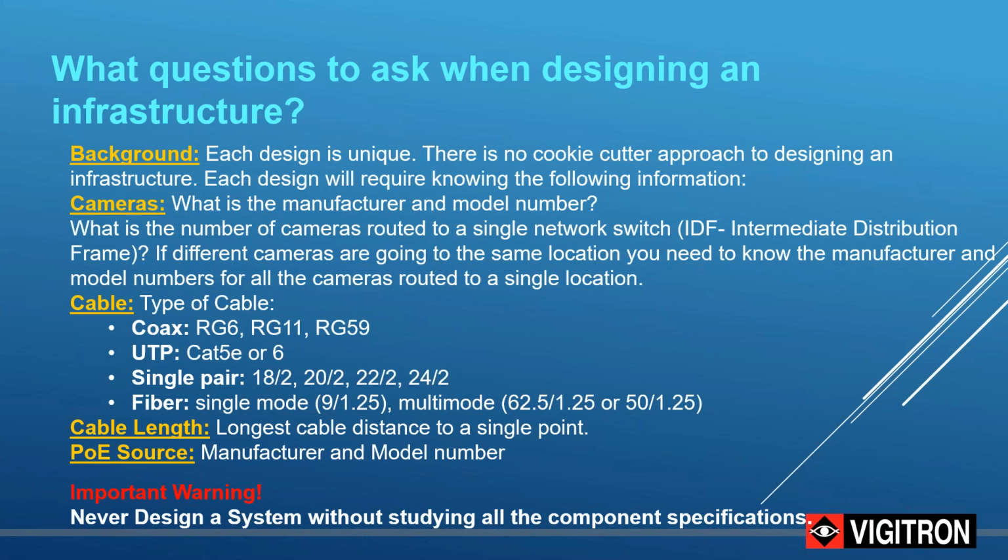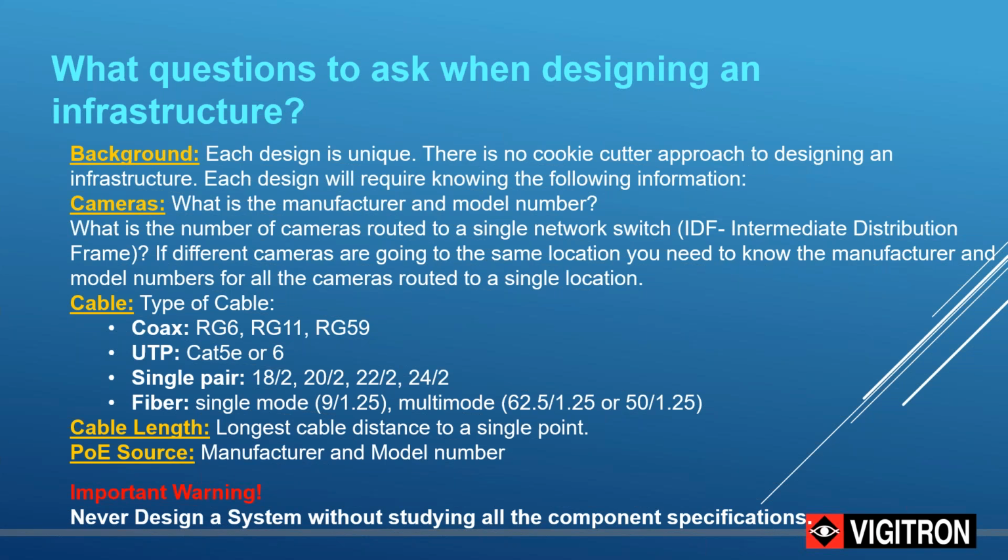What type of cable are we using? And again, the type of cable we're using has an enormous effect on everything. What's the cable length? We already outlined the longer the cable distance, the higher the resistance itself. And what's the PoE source that we have?